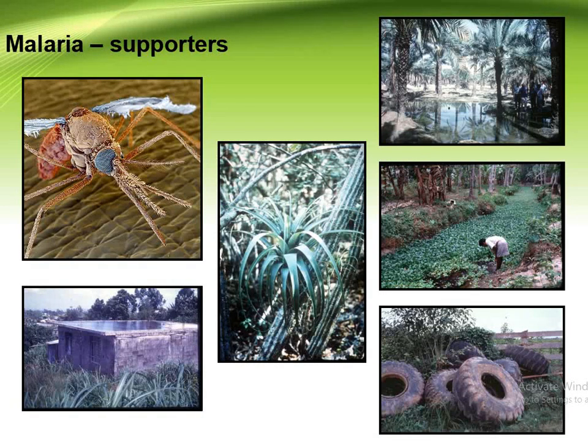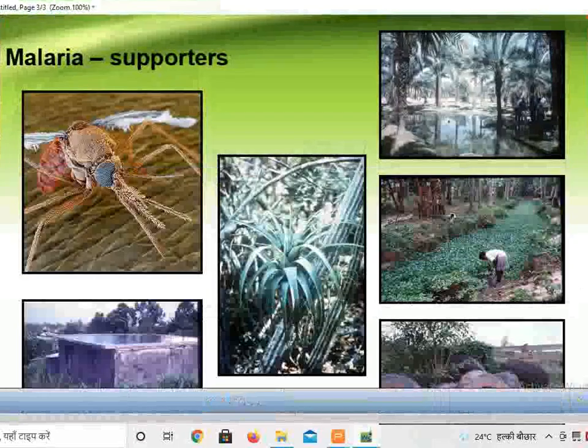For example, the water which is gathered on the terrace surface, or in a garden where a lot of plants are there, near that the mosquitoes grow more. If the water is stagnant at one place, or some discarded material is placed at one place, it is helpful for the mosquito to grow there.